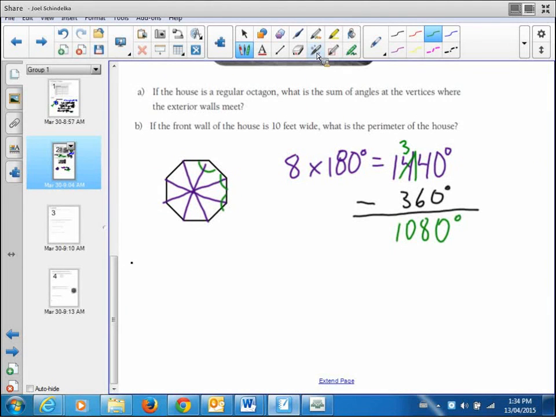That means all 8 of those angles add up to 1080 degrees. What is the sum of all the angles at those vertices, at those corners where the exterior walls meet? 1080, right?